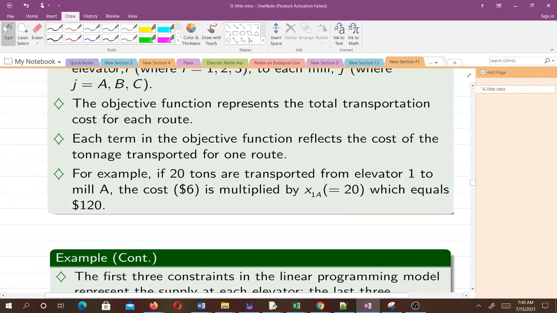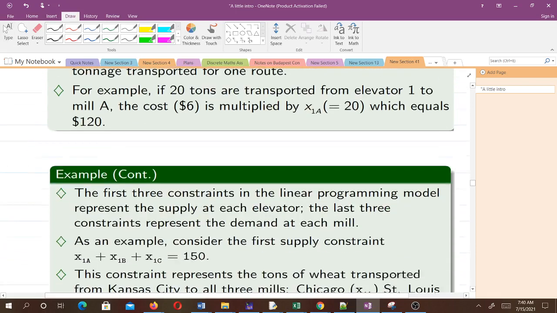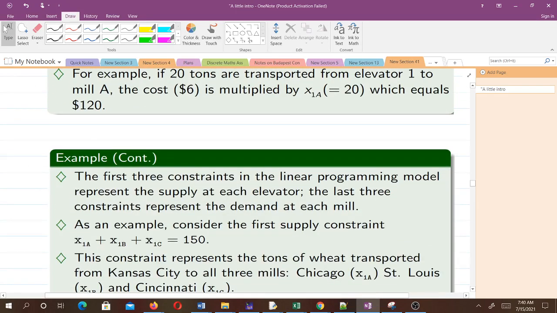For example, if 20 tons are transported from elevator 1 to mill A, the cost $6 is multiplied by x1a, which is 20, and that will equal $120. So the first three constraints in the linear programming model represent the supply at each elevator, and the last three constraints represent the demand at each mill.